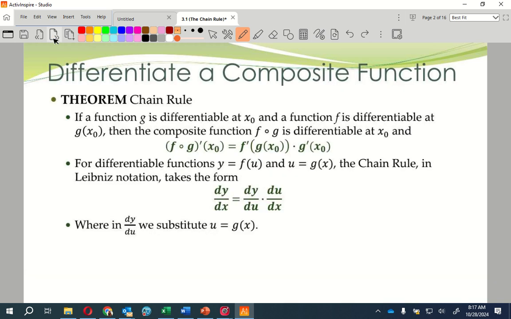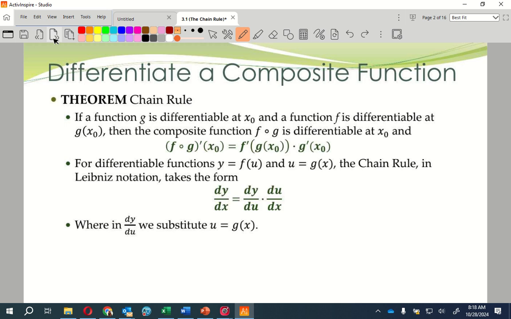Now, chain rule. If the function g is differentiable at x naught, which is the initial, and the function f is differentiable at g of x naught, then the composite function f of g is differentiable at x naught, the initial.